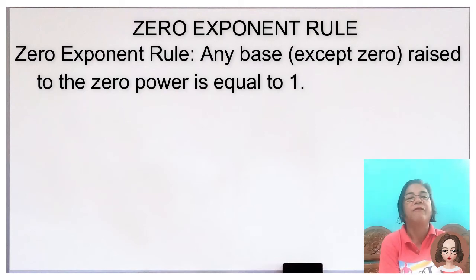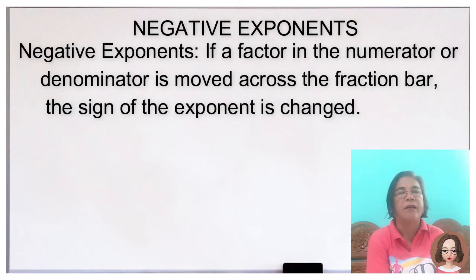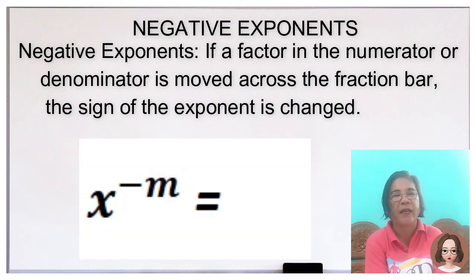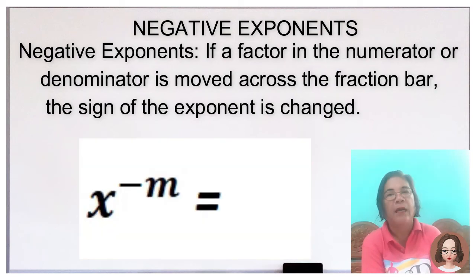Let's have now the fifth rule, that is on negative exponents. If a factor in the numerator or denominator is moved across the fraction bar, the sign of the exponent is changed. If we have here x raised to the negative m, that is equal to 1 over x raised to the m.